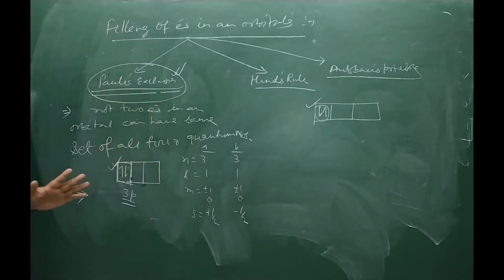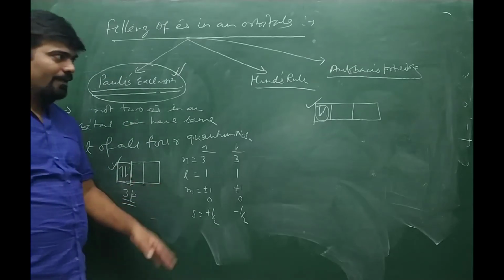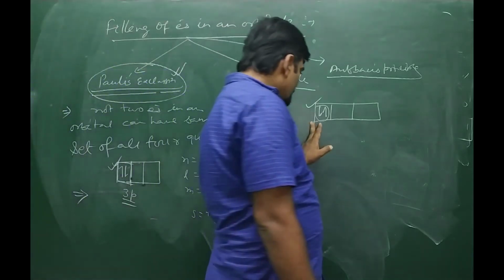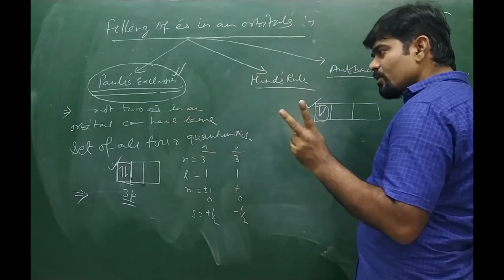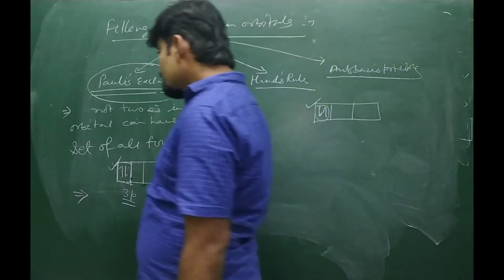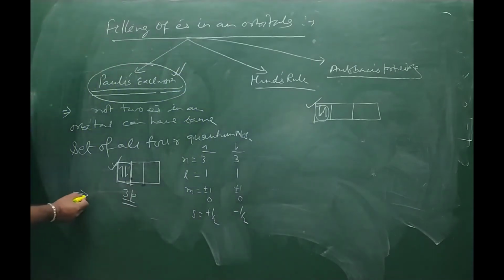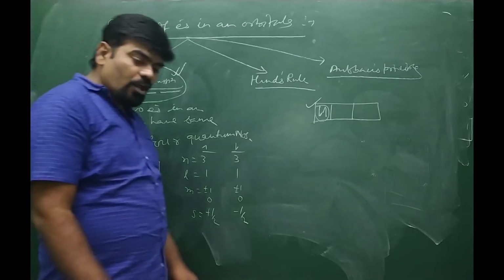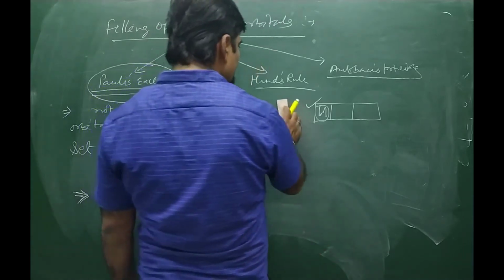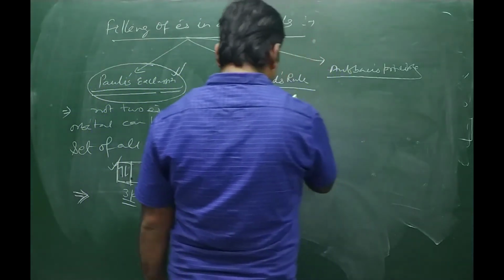So electrons must be placed in an anti-parallel manner in an orbital.